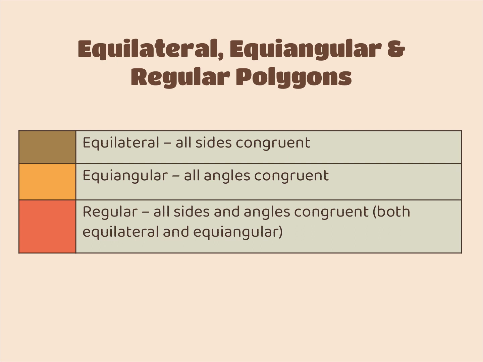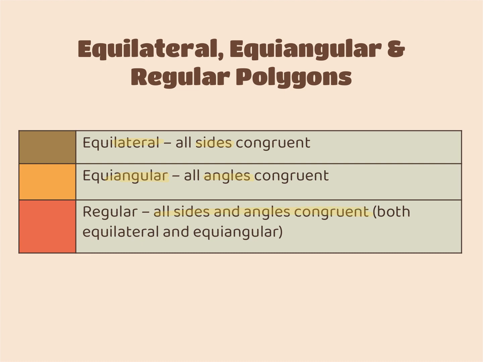All right, equilateral, equiangular. We should know the difference already. Equilateral has the word lateral, which means lines, which has to do with my sides. Equiangular has to do with angles, and we should know what angles are by now. If it's a regular polygon, a regular quadrilateral, that means all sides and angles are congruent.